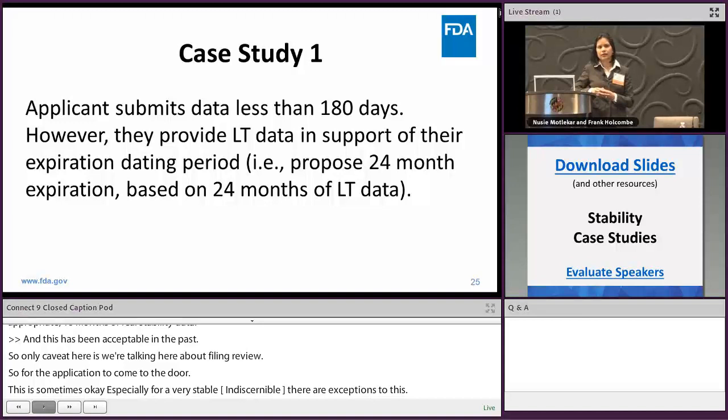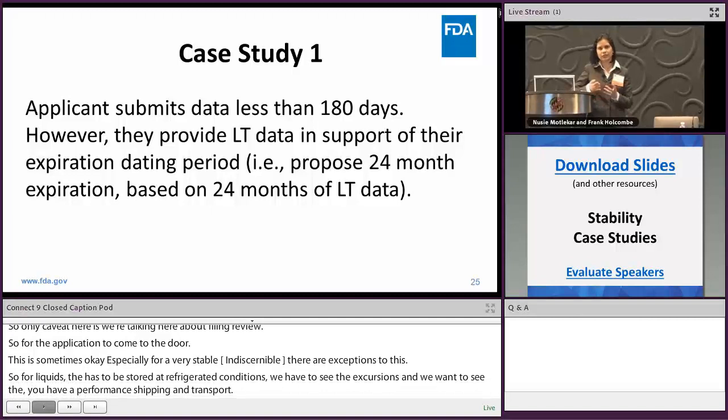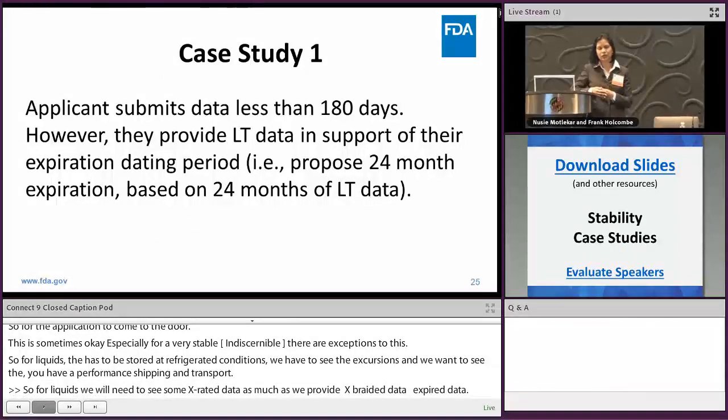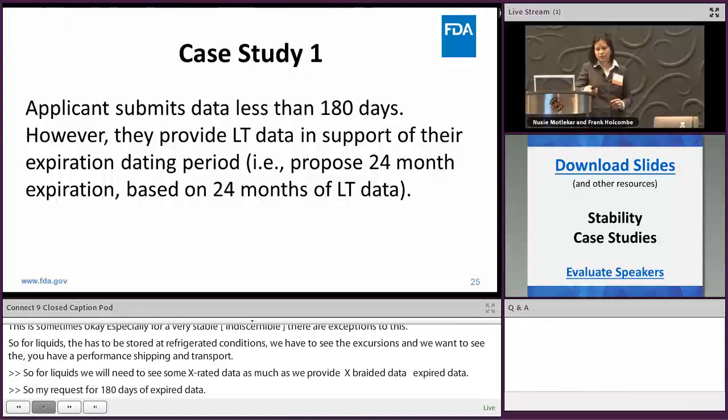So for liquids under refrigerated conditions, we will need to see some accelerated data. As much as you can provide, 6 months would be ideal. During review, again, a reviewer might request 180 days' worth of accelerated data or some other amount. So remember, this is just for filing. You can get the application in the door with just real-time data.